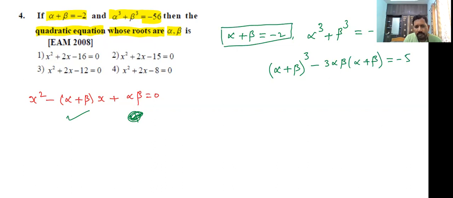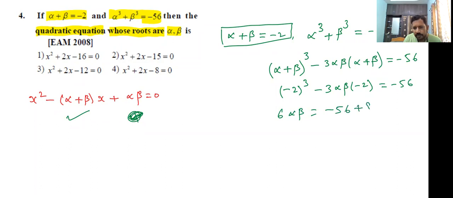Here we know the alpha plus beta value, substitute: minus 2 whole cube minus 3 alpha beta into minus 2 is equal to minus 56. This is minus 8 and plus 6 alpha beta. Here we are getting minus 8. Send that side, plus 8. 6 alpha beta is equal to minus 48.